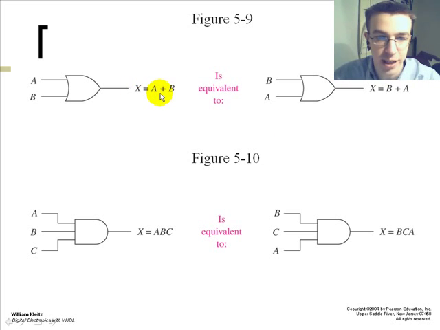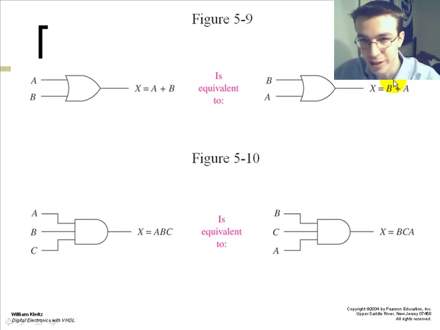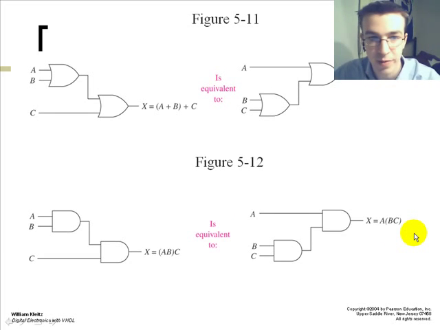We have X equals A plus B, equal to the equivalent X equals B plus A. And our X equals A times B times C equals X equals B times C times A. And we have this equation, X equals (A plus B) plus C, equals the equivalent of A plus (B plus C).